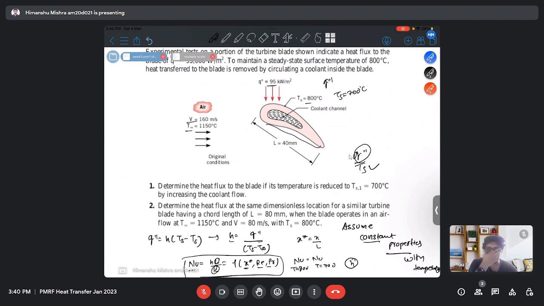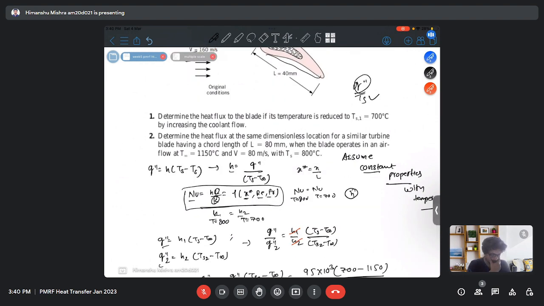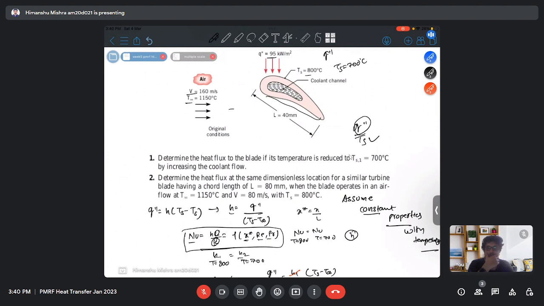And one more reason for this is that here the thermal conductivity k is of a fluid, which is already low. The thermal conductivity of a fluid is in the order of 10 to the power minus 3. So even if there is a change in thermal conductivity of the fluid, there will be a very small change, because it doesn't matter like if you increase the temperature, suddenly the fluid starts conducting the heat. It is not like that.